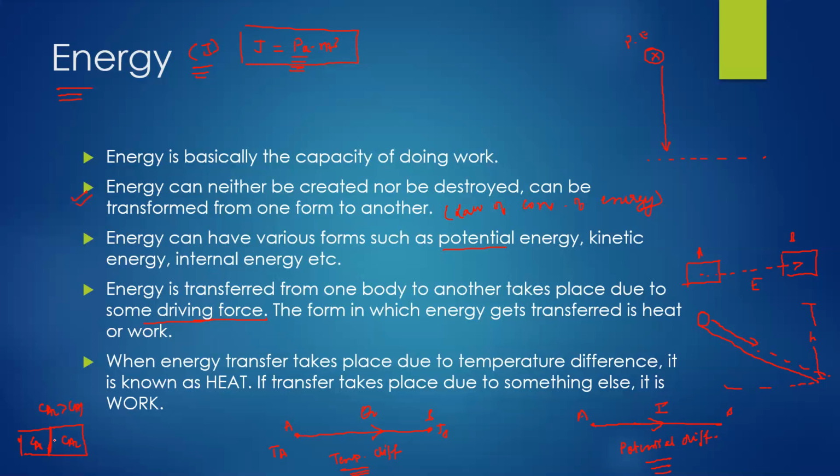Therefore the transfer is going to take place from higher concentration to lower concentration. That is because of concentration difference. This transfer is your mass transfer. It takes place due to concentration difference, or even pressure difference; partial pressure difference leads to mass transfer.